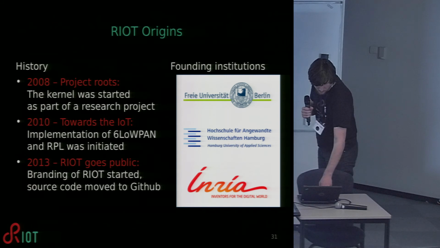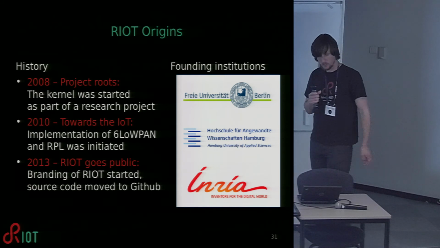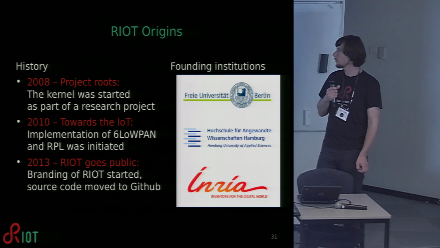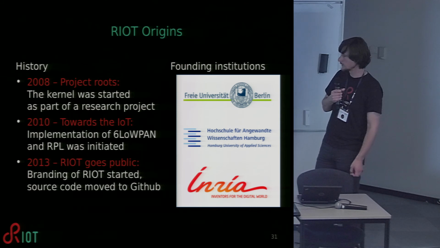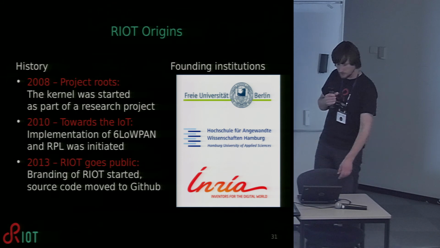A quick look at the history of RIOT: it started in 2008 as a project for wireless sensor networks, then two years later we started to work on the IETF protocols, and in 2013 we published it on GitHub and started spreading the word, just as I do today.